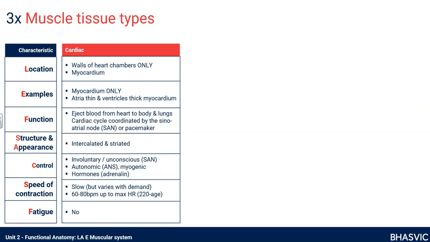No. As long as it has oxygen from the little coronary blood vessels, it will keep contracting for us. But it must have a supply of oxygen. And if it doesn't get that, it might lead to something called angina, or possibly a heart attack, where cardiac tissue doesn't get oxygen. So there's cardiac muscle tissue in summary.